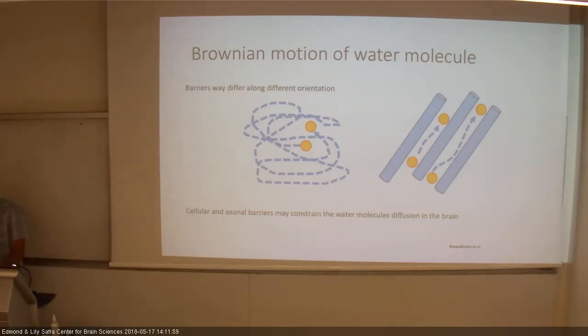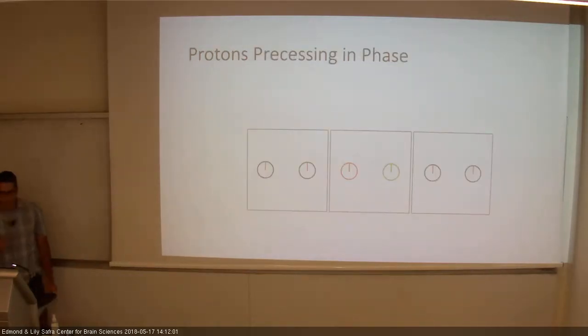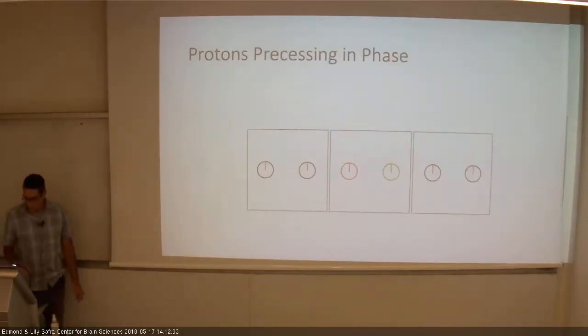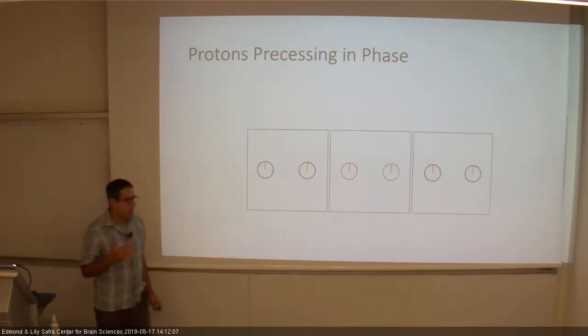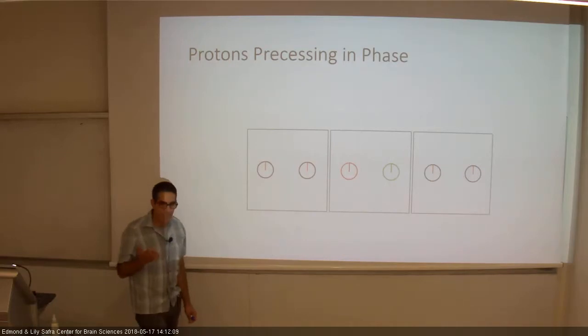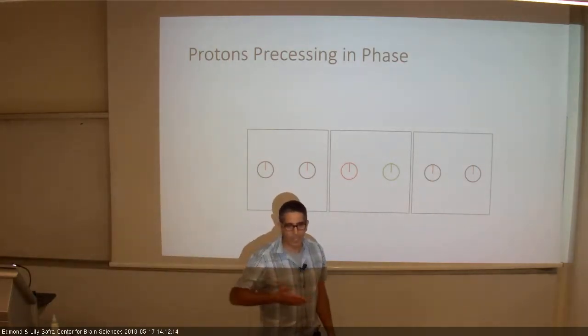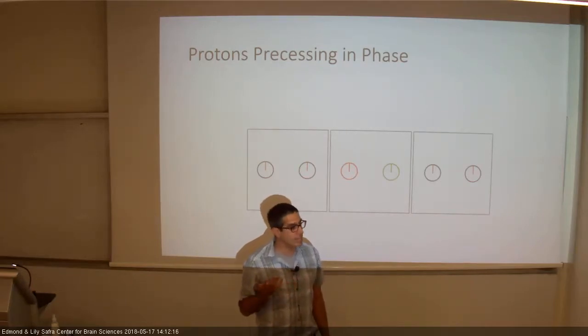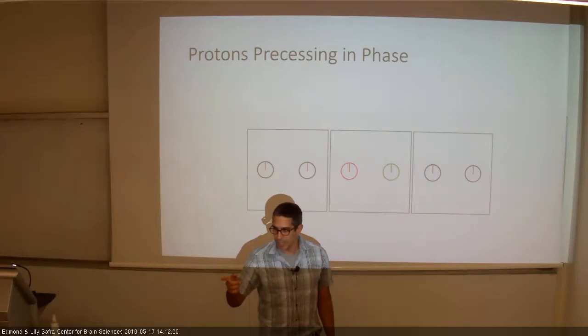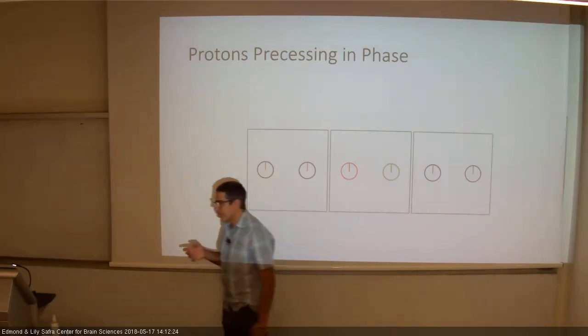So how can we measure that? You remember we had this option to add gradients. What does a gradient in the magnetic field do? It creates disorder in the spins.